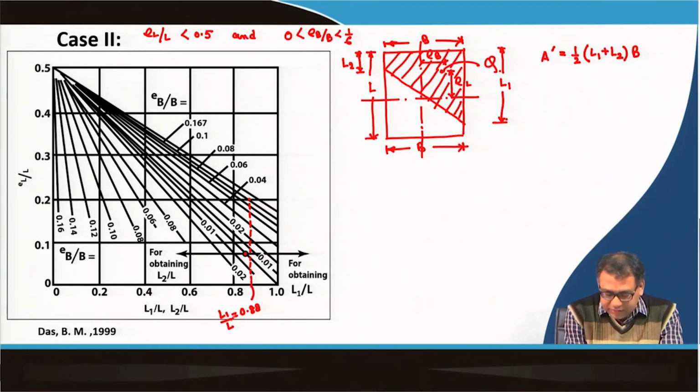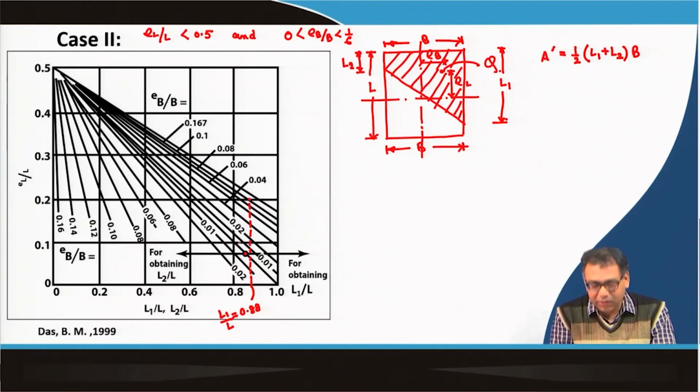Now, if I go above the straight line, the middle line that I have shown, then I will get L 1 by L. If I go below, I will get L 2 by L. So how much is L 2 by L?